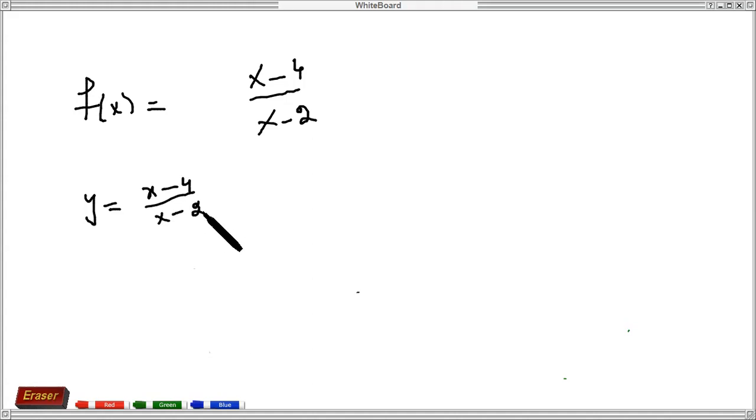Now what is the second step? Second step is interchanging the values of x and y. So replace y by x and x by y: x is equal to y minus 4 divided by y minus 2.